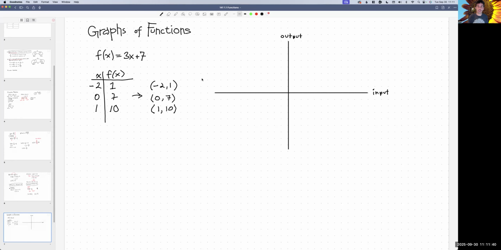And what I mean by show is, well, let's look at this point, -2, 1. On our horizontal axis, 0 is right at the center, our origin. -2 means going back 2 units, so in the negative direction. And the 1 is a positive 1, so we're going up 1 unit.